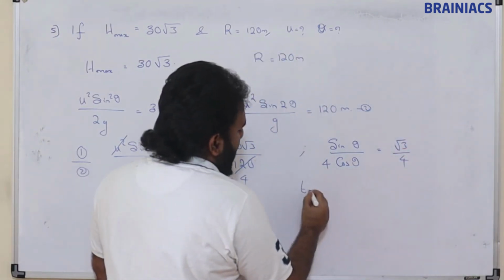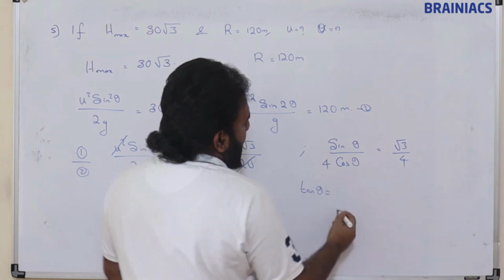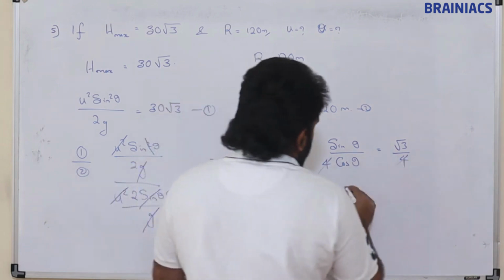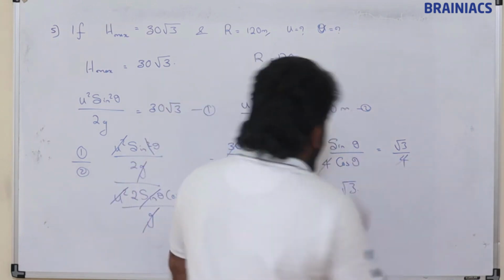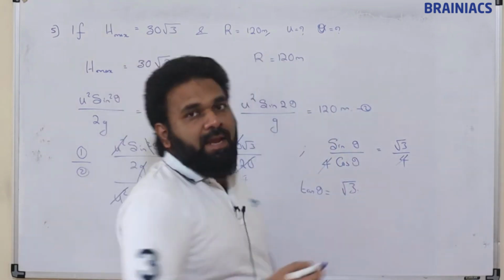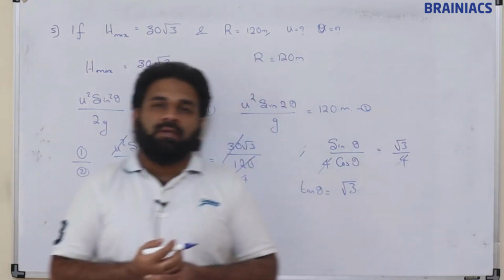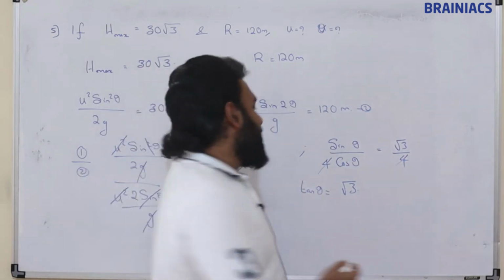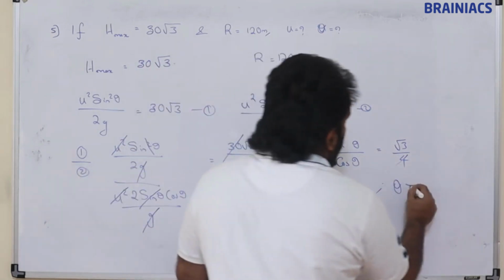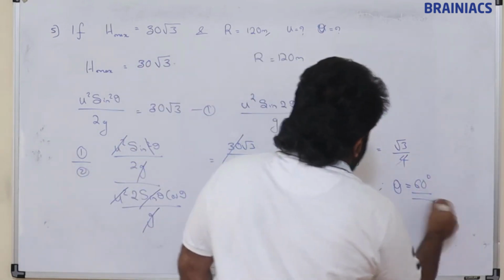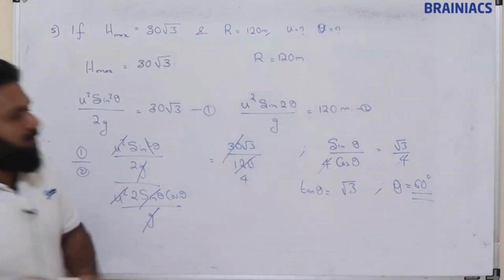So we can write that tan theta is equal to root 3. Tan theta is root 3 when theta is equal to 60 degree.